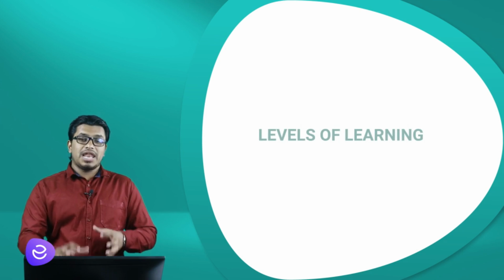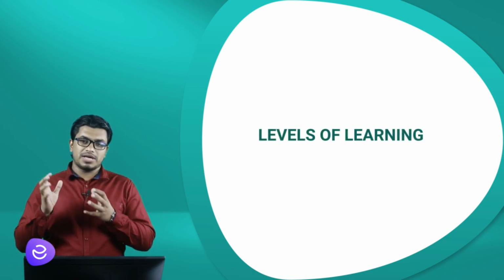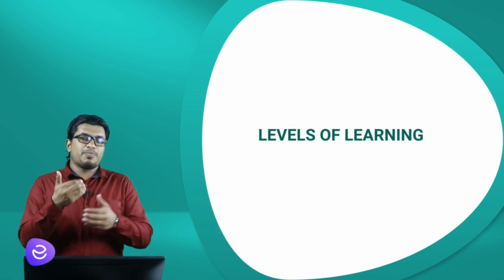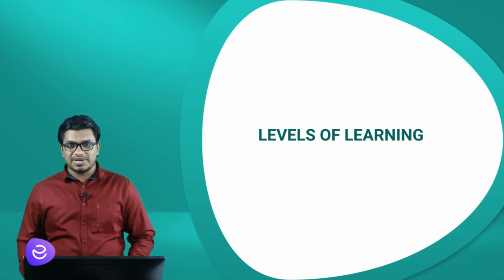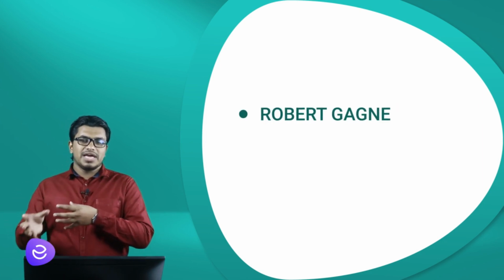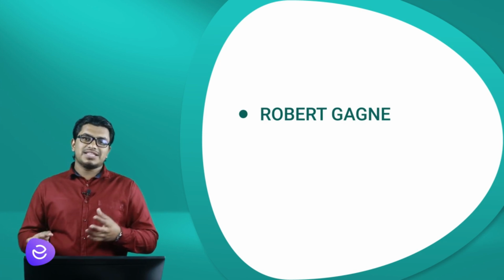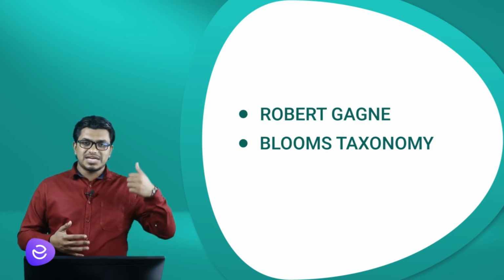Next comes the levels of learning. How can you learn, or how can a learner approach a teacher? How can a learner approach a teaching method? Those are called levels of learning. Here we have two types. One is Robert Gagne's 9 levels of teaching, and the other, a very important one, is Bloom's taxonomy, which is a 6 level teaching.